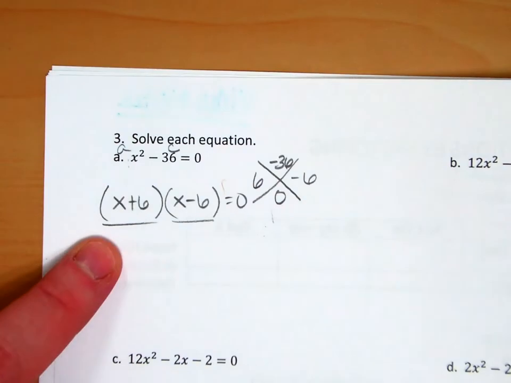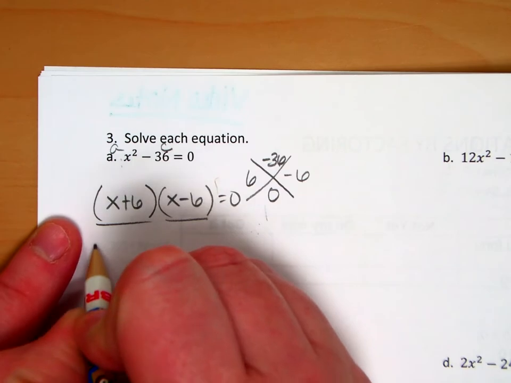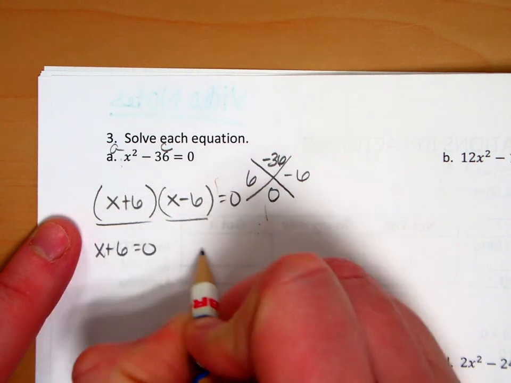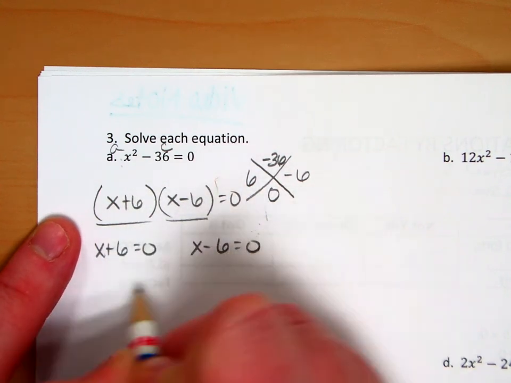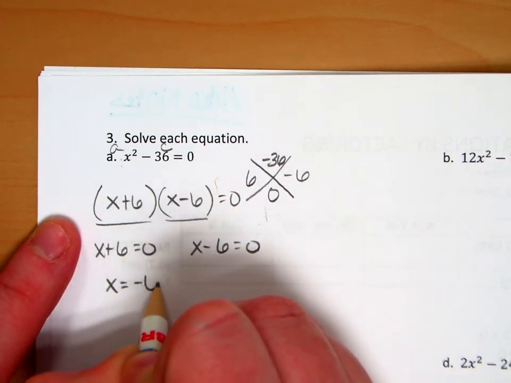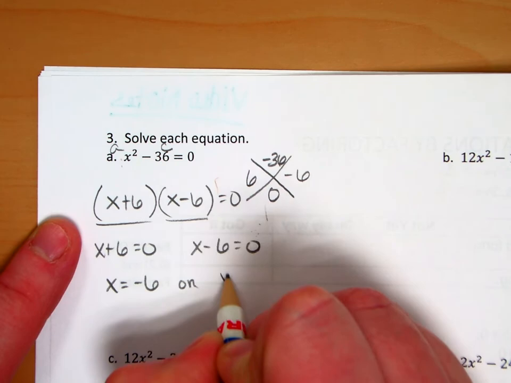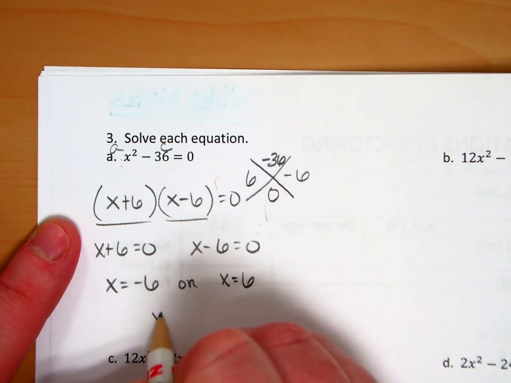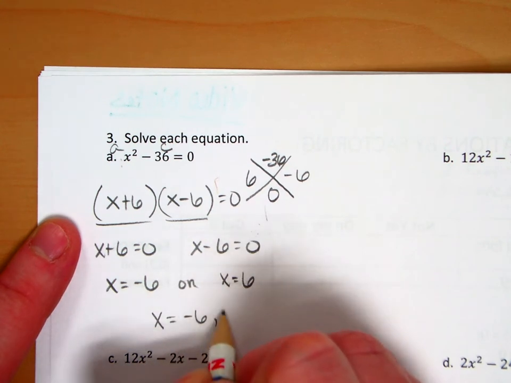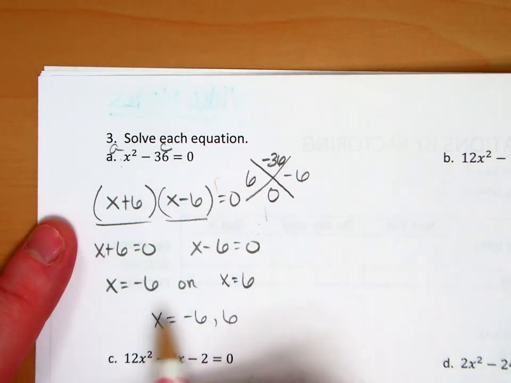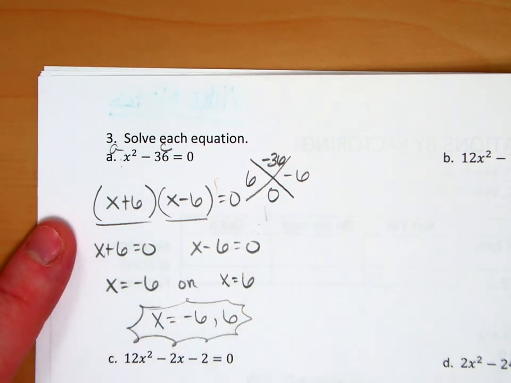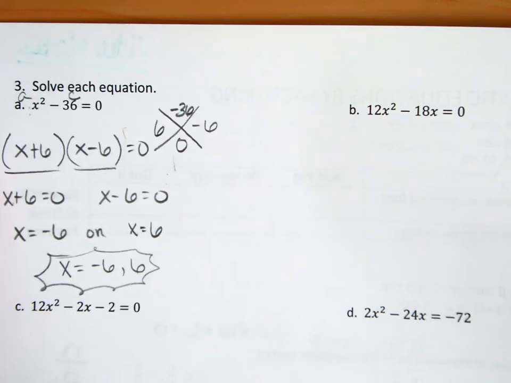So we take x plus 6 equal to 0 and x minus 6 equal to 0. Solve it, you get x equals negative 6 or x equals 6. So on your answers, I would write my answer like that. That is your solution. That's how you solve.